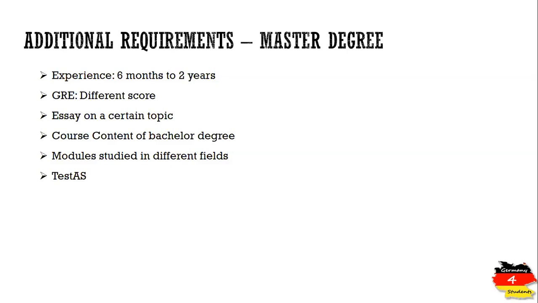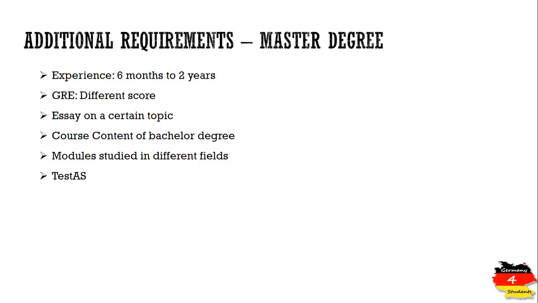The next is GRE. Now, RWTH Aachen is asking for GRE, TUM is asking for engineering programs, technical programs. For GRE, the score is different for both universities, therefore it's not mentioned here. It's better to check the website of the university so you get the actual requirement regarding the GRE.